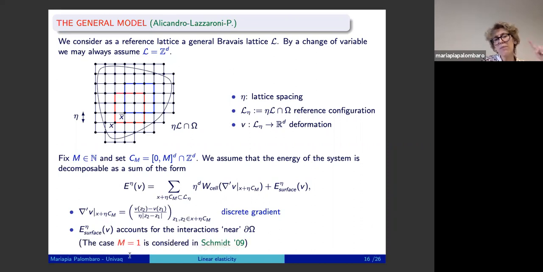The case m equal to 1 is the case considered in Schmidt. So Schmidt considers a cell energy where m is 1. So the cell is very small. It's just a square of side 1. Of course, then we rescale it, so its side is eta, and there is only one well in this case. While in our case, m can be arbitrarily large but finite.